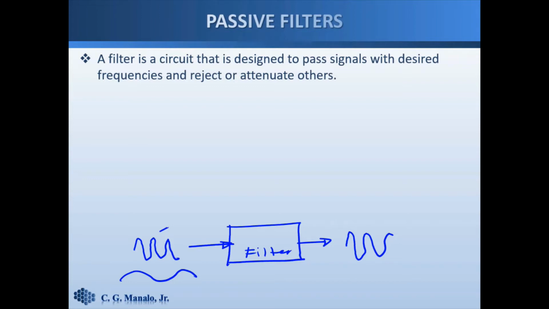That filter is called a high pass filter, meaning it allows high frequency signals to pass, effectively blocking low frequency signals like this one.